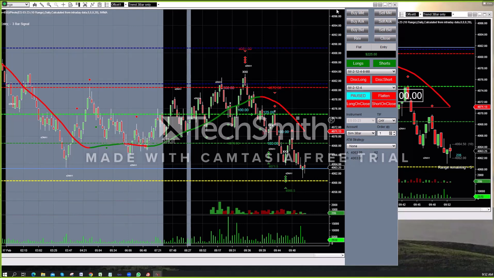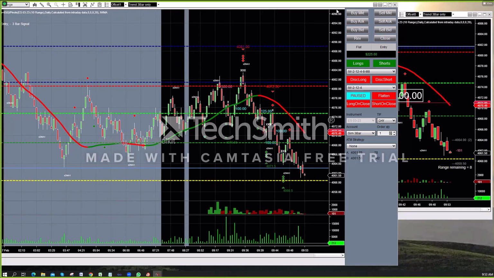Usually, I put my order a tick or two above the line so that I get in. I'll take a first target and put my stop right below the yellow line. If it taps it again and takes my stop out, and the bar comes back up again, I'll try it again. Sometimes it takes a couple of times because everybody sees it.